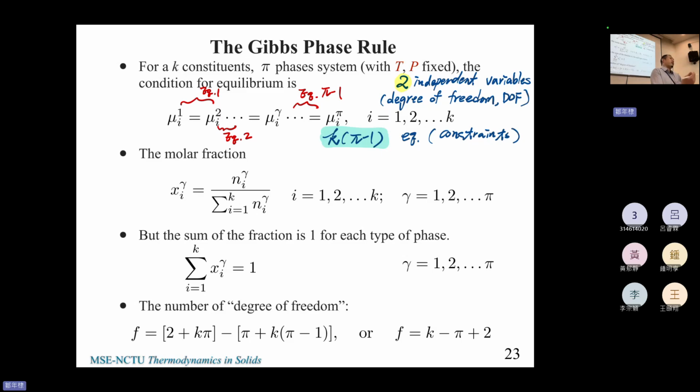For example, you prefer more Fe in this system, more Al in this system. So you can choose the concentration. The concentration can be chosen by human beings. So you can see K times pi phases.